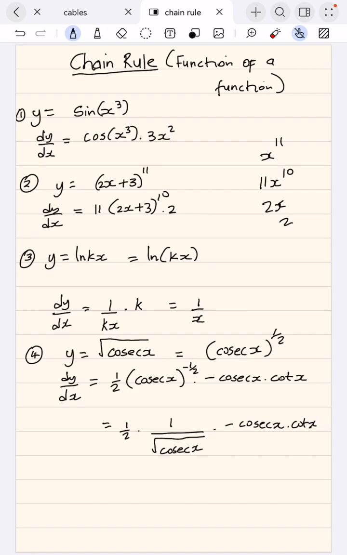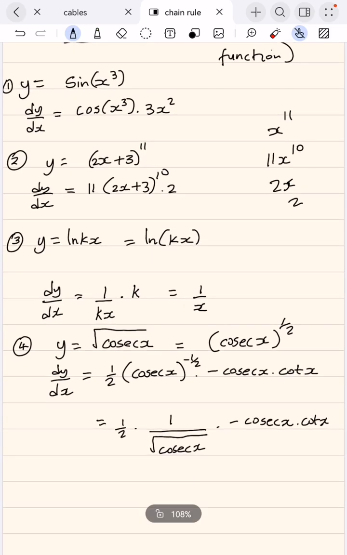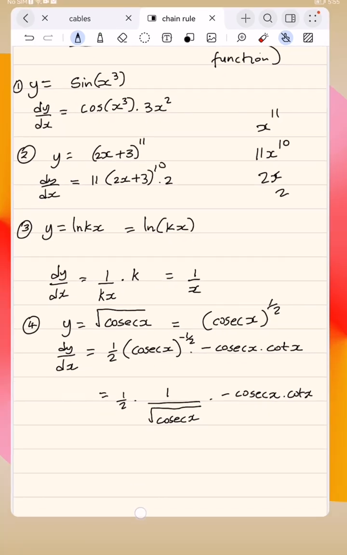Yeah, maybe if you divide cosec by that square root, they will cancel again, but I don't think it's necessary. That one cosec will cancel the square root at the bottom. You'll be left with 1 square root at the top, because it's like saying x over square root of x. x has 2 square roots, so they will cancel, but I don't think it's necessary. I think what's necessary is to leave it as positive exponent.